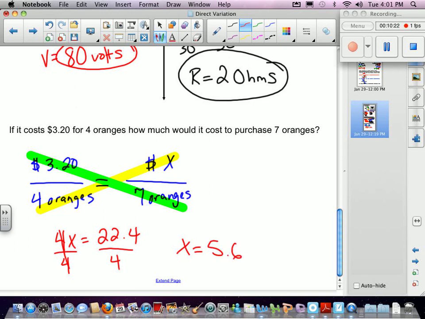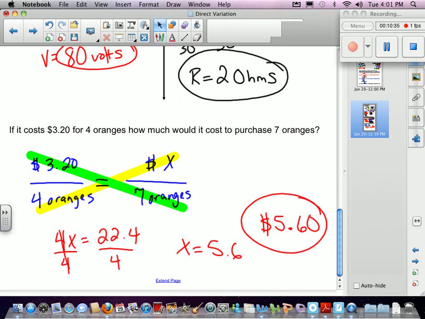But I need to make sure that I answer the question, and since we were asked how much it would cost to purchase, we're talking about money, so I'm going to put it back as $5.60. So there's your lesson overview on direct variation.